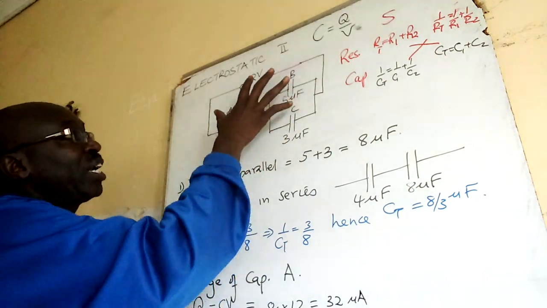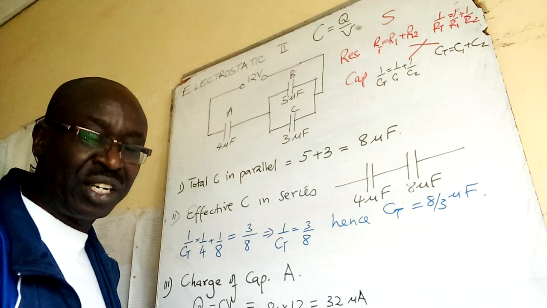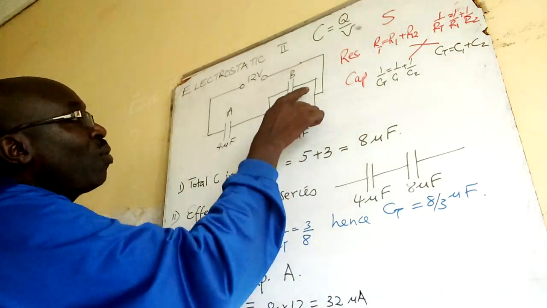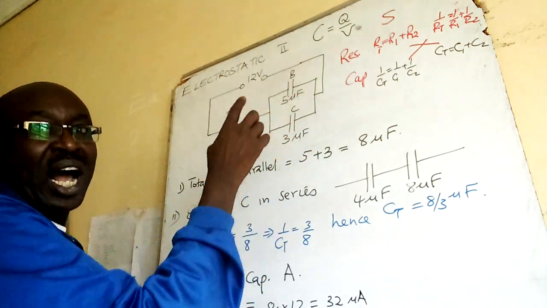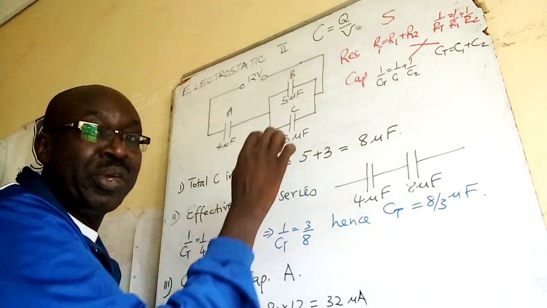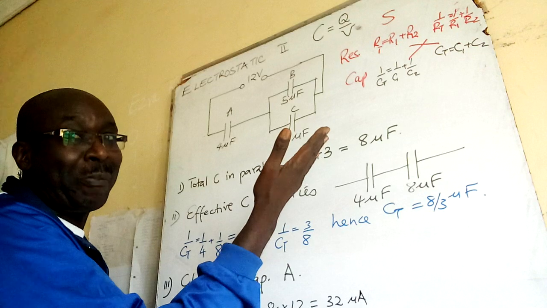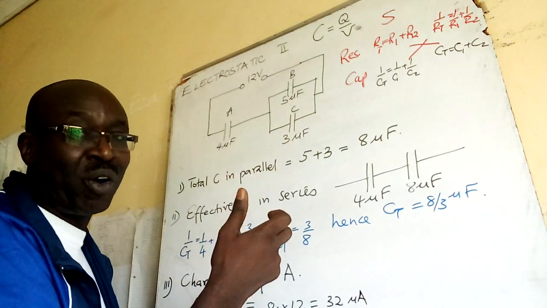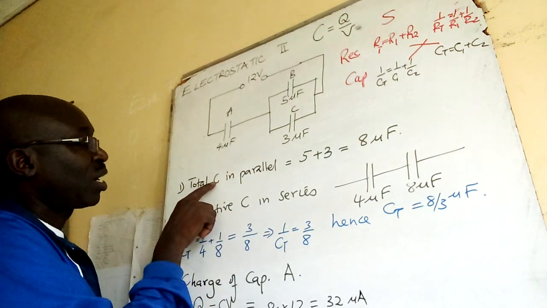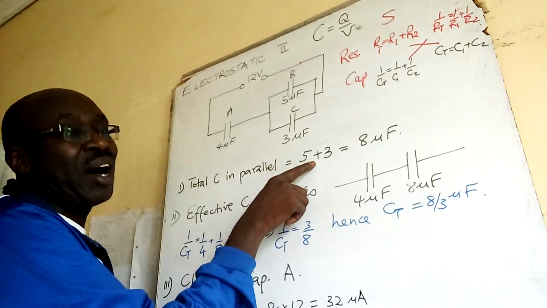So we come here. If we have this diagram, just like in resistors in electricity, start with a combination of parallel. So how can we get one capacitor which replaces B and C? This is simple now. In capacitors, total capacitance in parallel is the sum of capacitances.